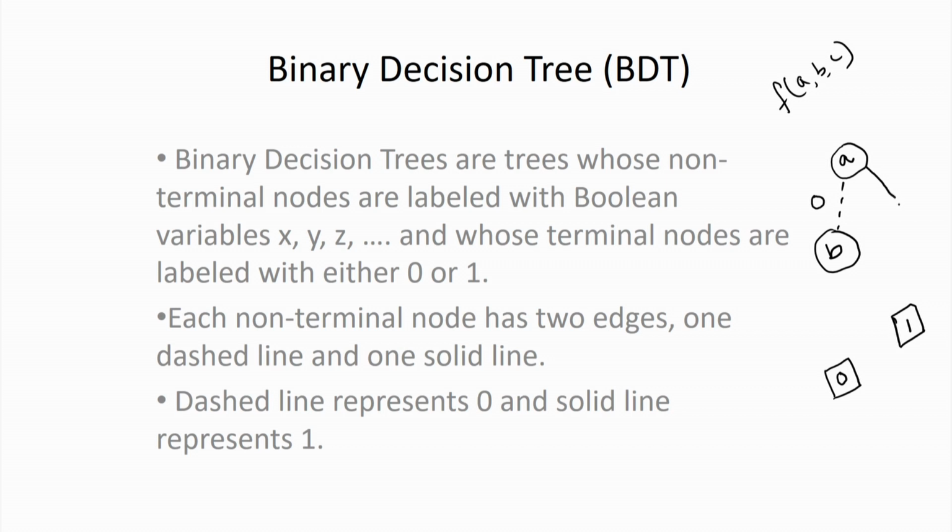Similarly, it has another outgoing edge which is the solid line. It says that the evaluation of this variable is 1 if I traverse this particular path.